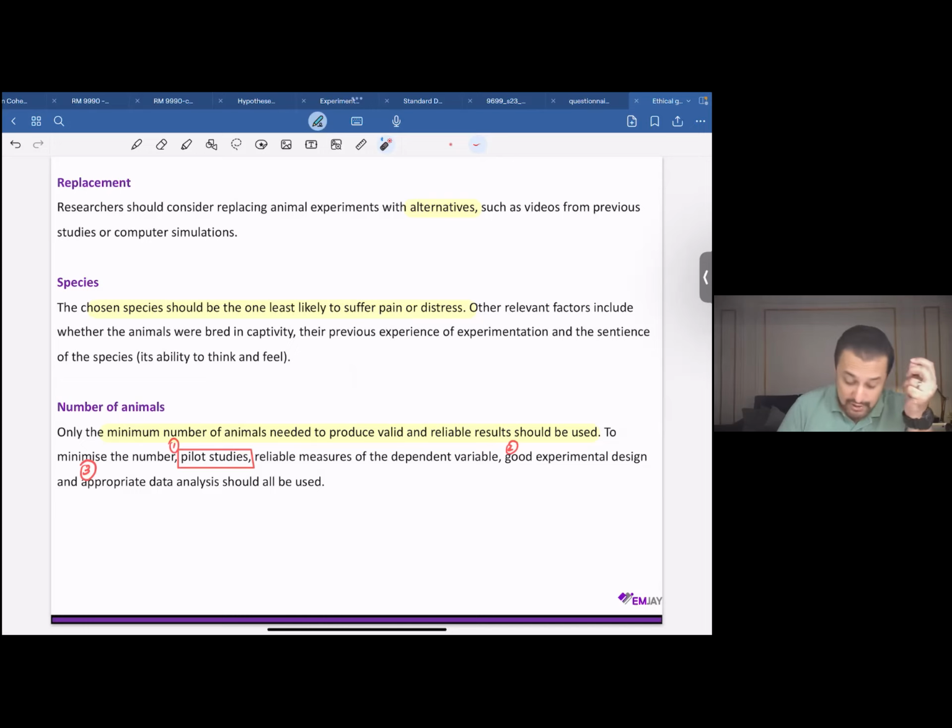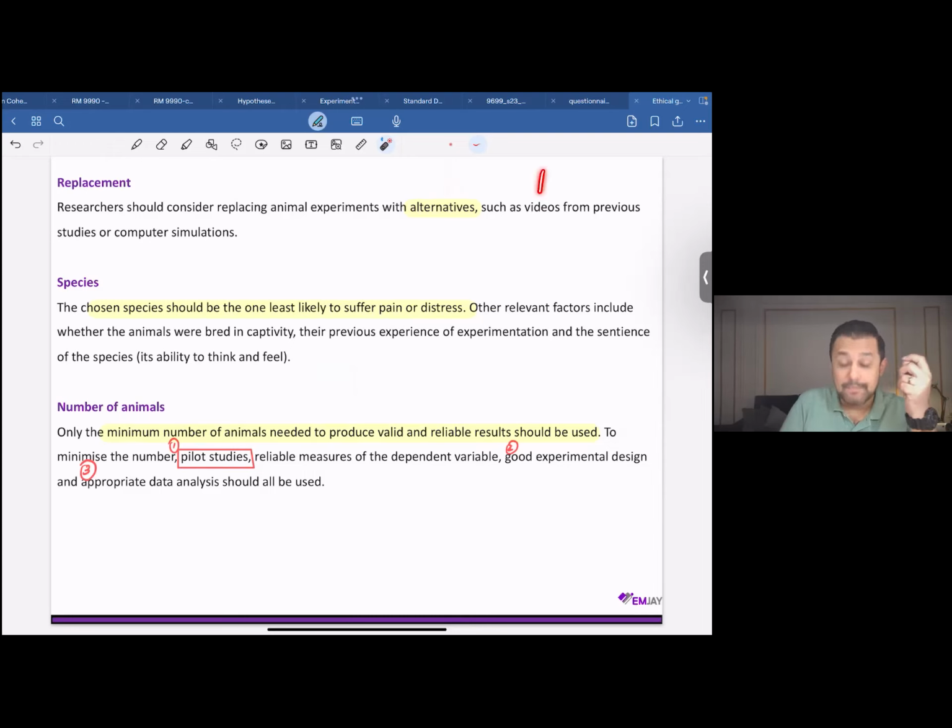They're living things, right? So replacement: a researcher or the researchers' team should try, to the best of their capacity, to come up with an alternative technique of conducting a research without involving animals in it, right? So researchers should consider replacing animal experiments with alternatives.